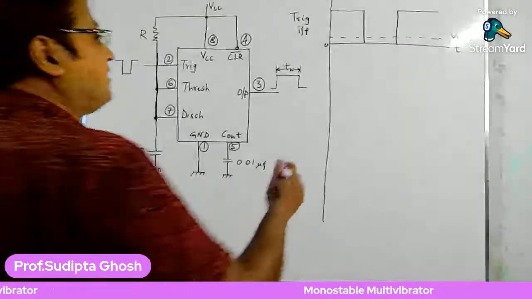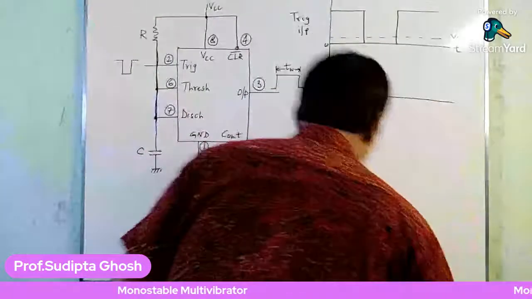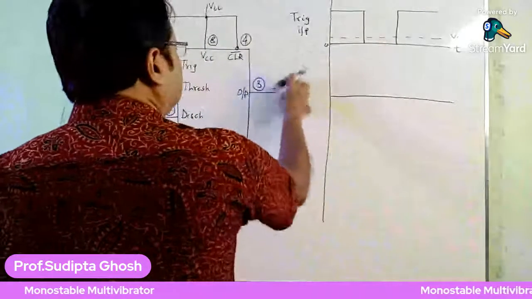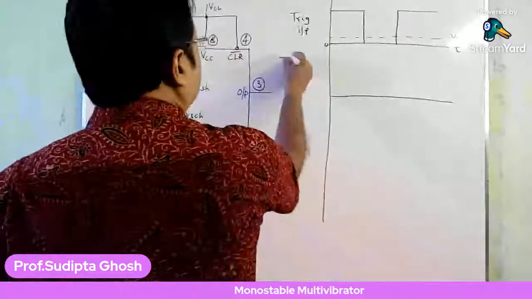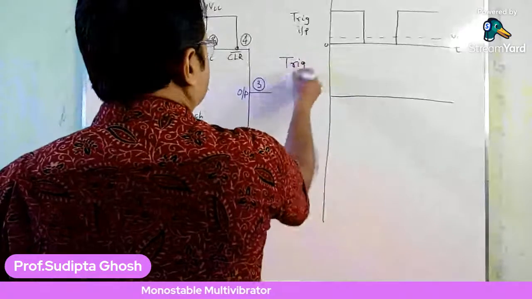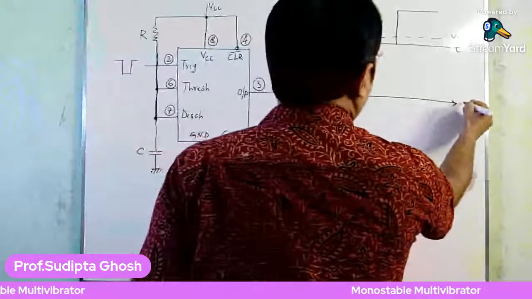Now, as the trigger input graph is important to us, it is also important to have the value of the trigger comparator. So now this is the graph of the trigger comparator.